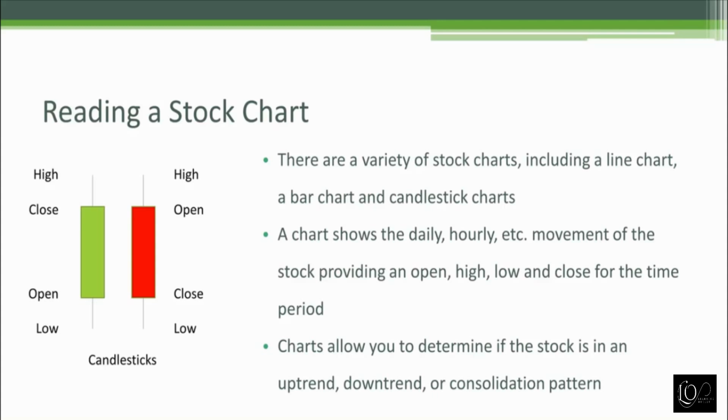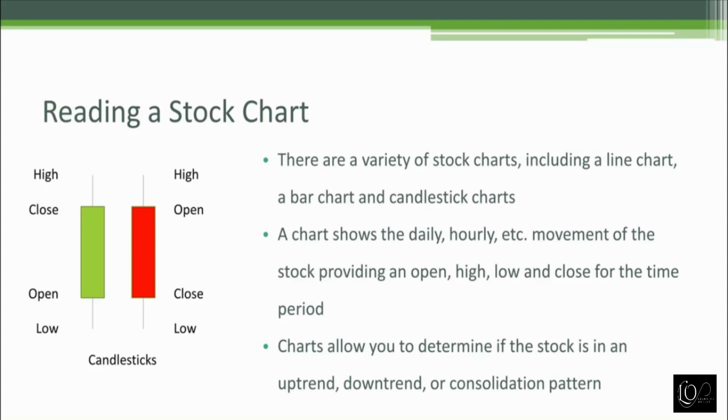A line chart, which we'll see in just a minute, gives the closing price for the time period you're looking at. So if you're looking at a daily chart, it'll give you the closing price for the day. Charts are important because they allow you to determine if the stock is in an uptrend, a downtrend, or a consolidation pattern, which basically means moving sideways between two prices.